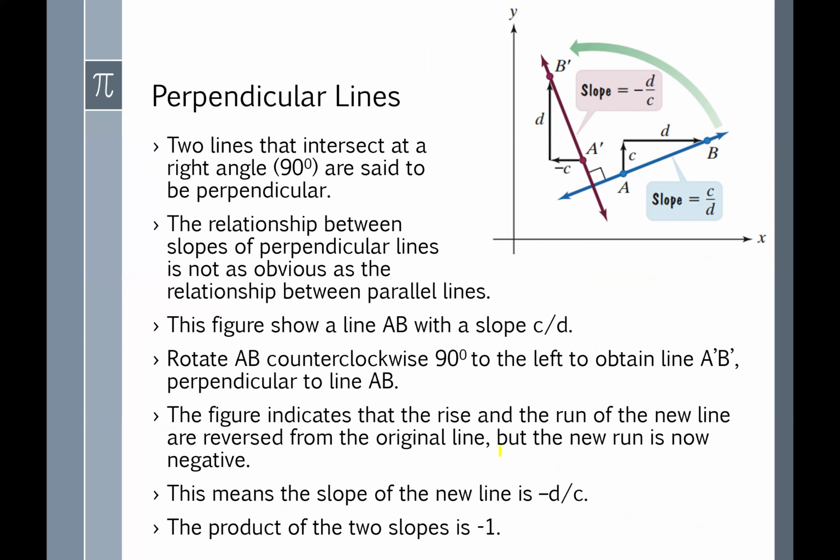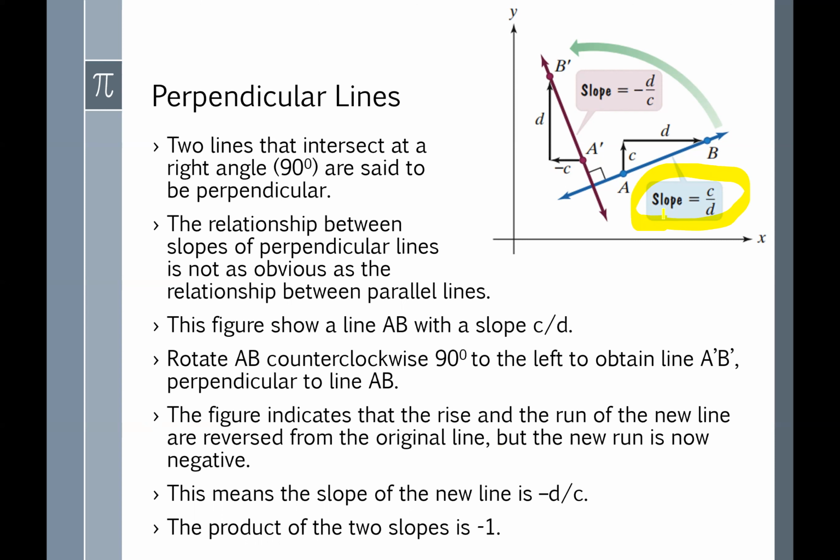So this figure up here in the upper right shows a line AB with a slope of C over D. So the slope of this line is its rise over run. So it's rising some variable C, and its run is some number D. So the slope is C over D.